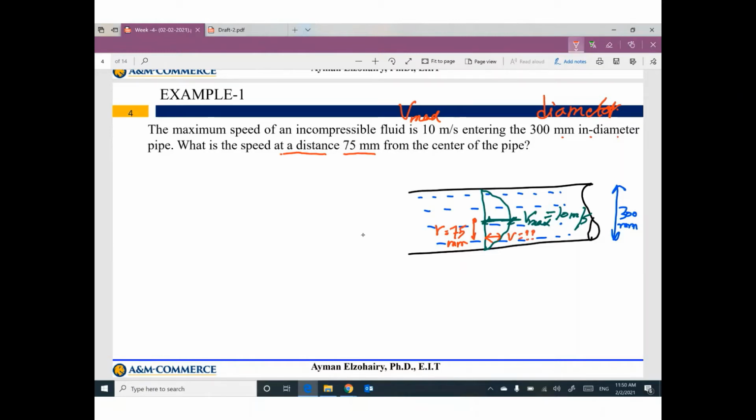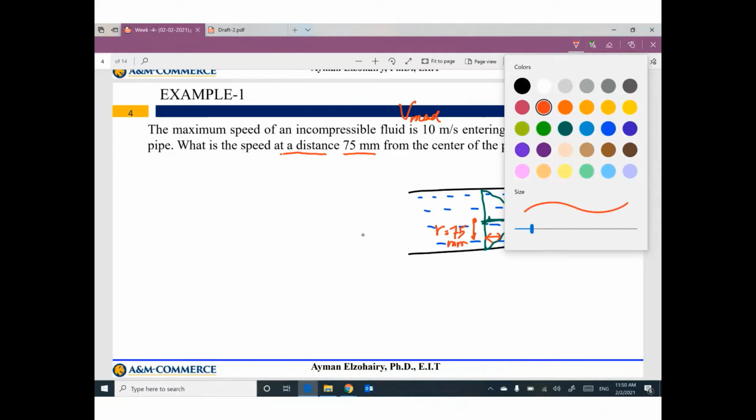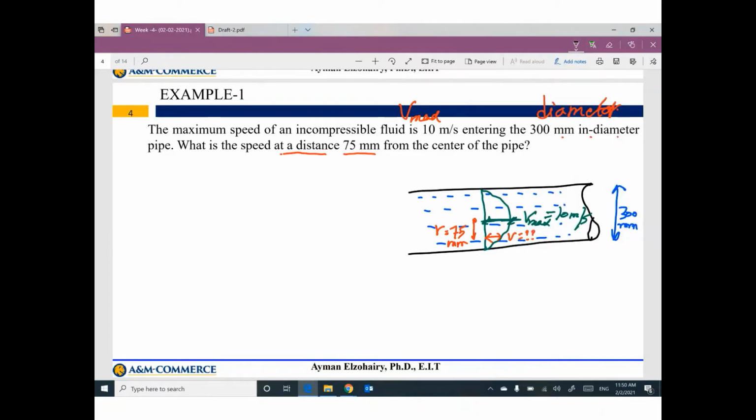Okay, the relationship for this velocity distribution: V at any distance equals V maximum times (1 minus small r divided by capital R) all squared. Guys, what is the value of capital R? Capital R is the radius of this pipe.